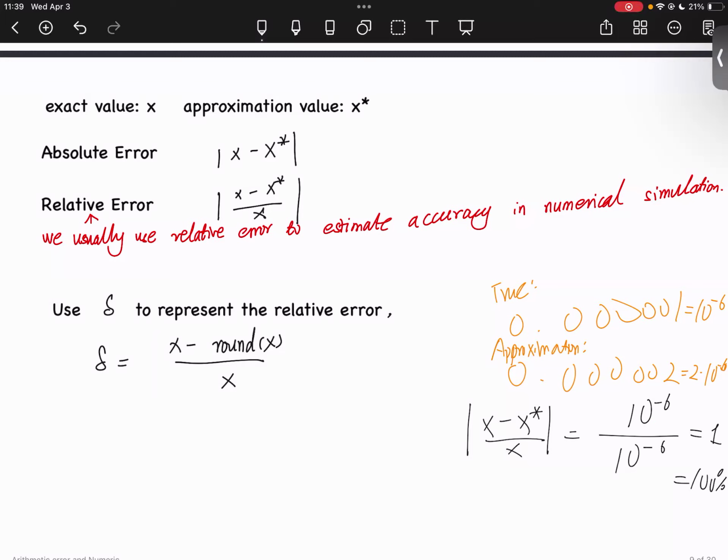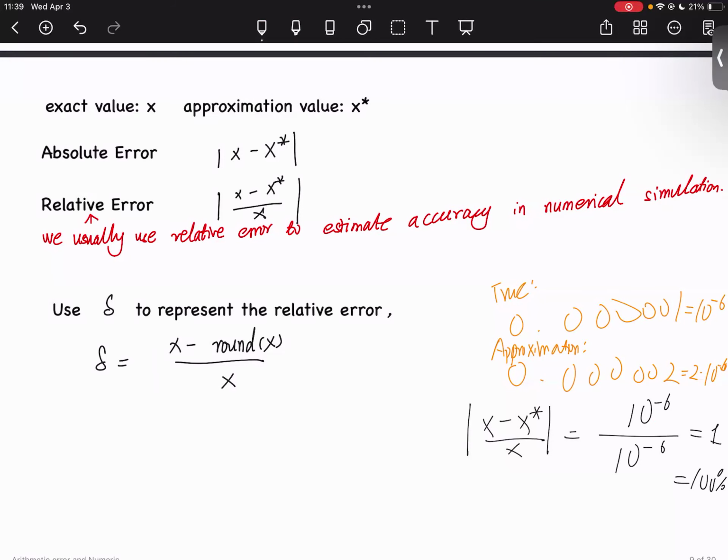And sometimes we will use the delta to represent the relative error without the absolute value signs here. Maybe this is the rounding of the x, and maybe this is just the approximation of the x. It could be anything.